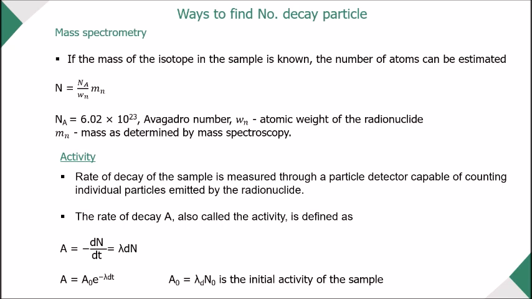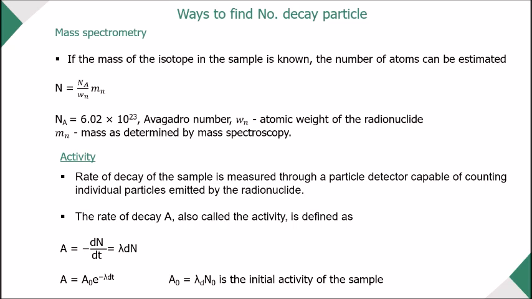So how do you find the number of decaying particles? There are two methods mainly that people use. One of the main methods is mass spectrometry. If the mass of the isotope in the sample is known, then the number of atoms can be estimated.